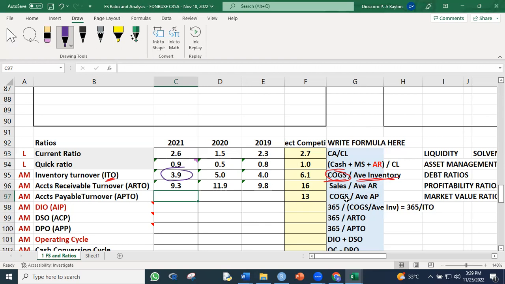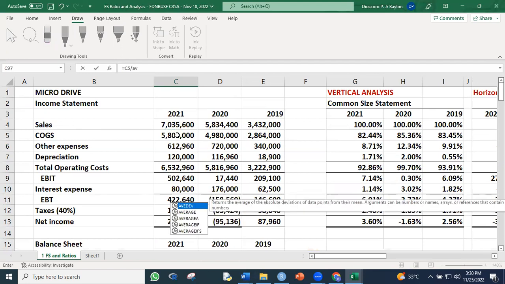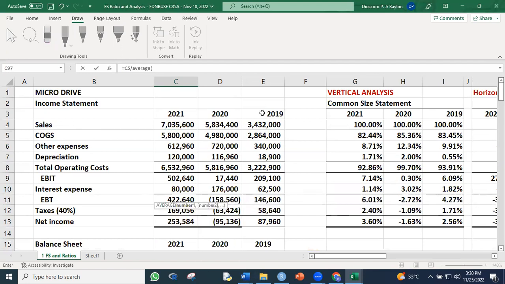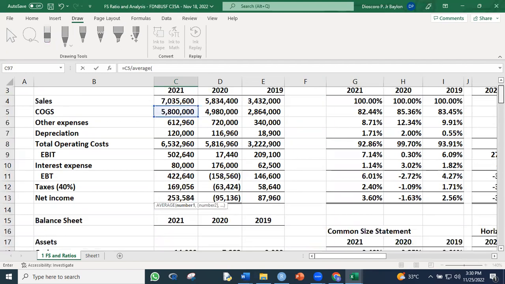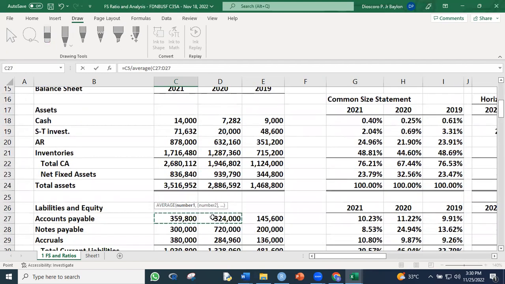And the formula is cost of goods sold divided by average accounts payable. So our formula is equal to cost of goods sold, this one, divided by the average of your accounts payable. Our accounts payable is this one, there.